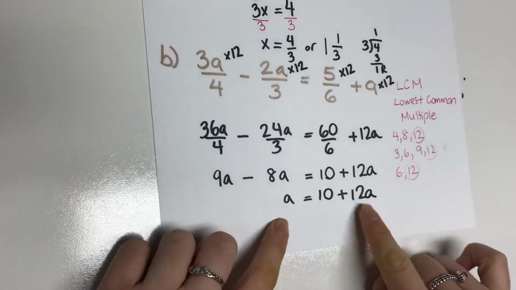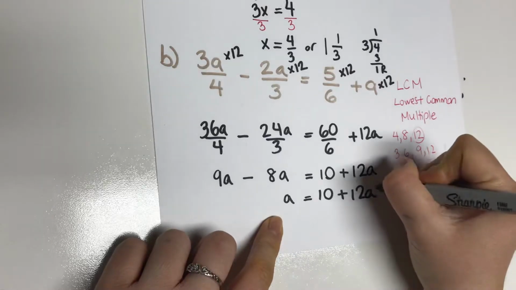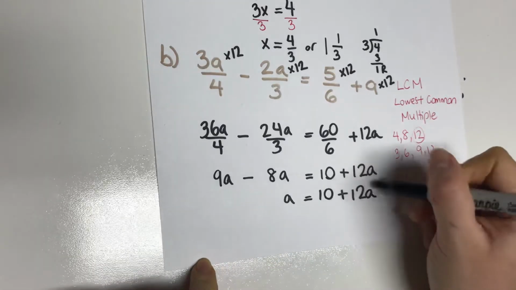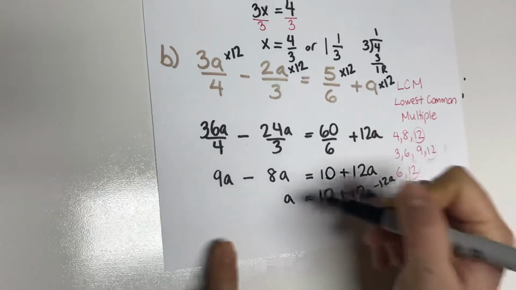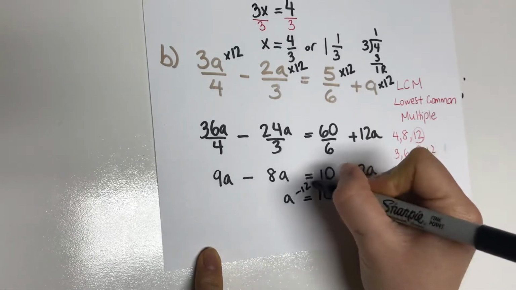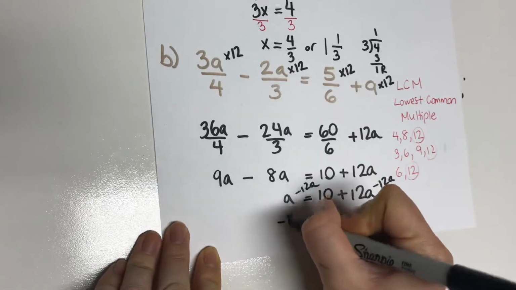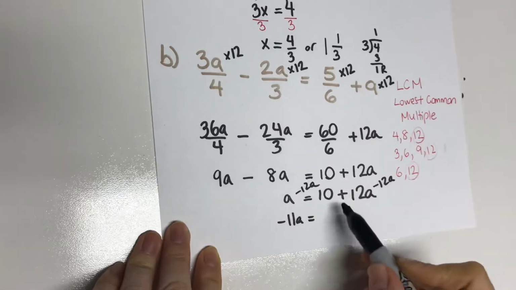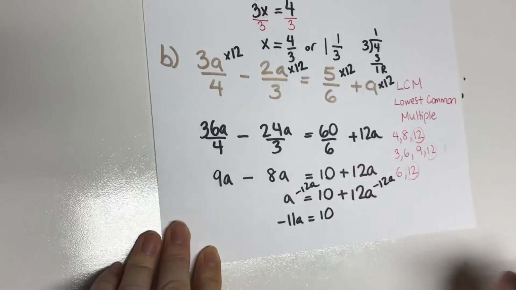So I want the a's to come together, so I'm collecting the like terms on the left side of the equal sign. So to get rid of the 12a on this side, I'm going to subtract 12a from both sides. So a minus 12a is negative 11a. And then 12a minus 12a is 0, so I'm just left with 10.